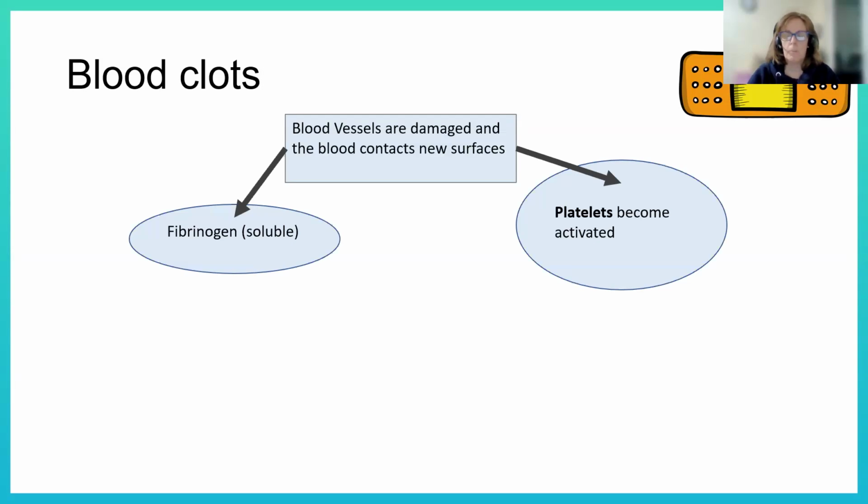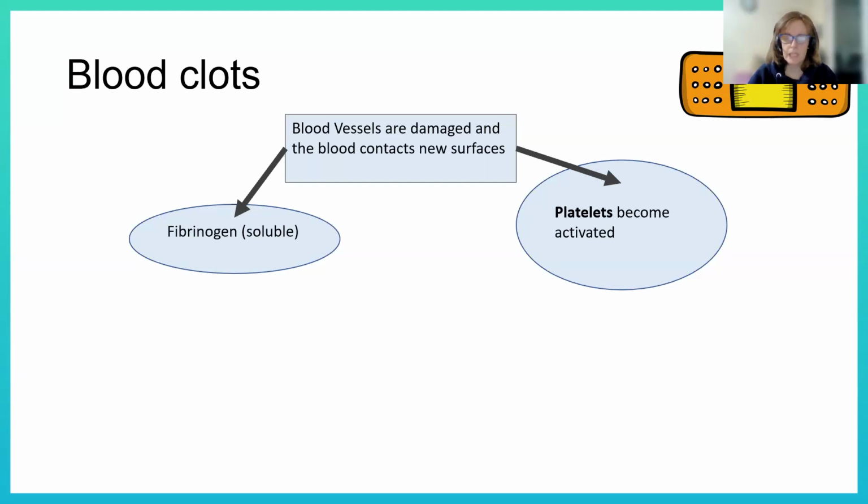So platelets, they're not actually cells, but they're found in the blood. So remember, we were talking about blood the other week. We said it's a connective tissue and it's mostly made up of this watery plasma. And when we were talking about connective tissue, we said that there are proteins in the extracellular matrix.